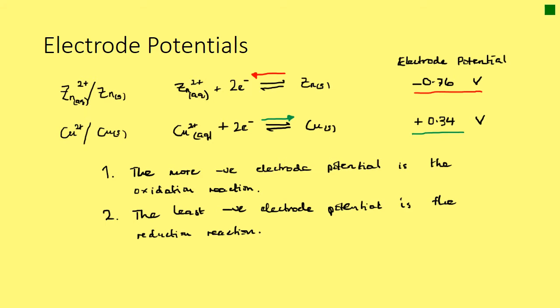So at the zinc electrode, we've got the zinc 2+ ions accepting 2 electrons and making zinc solid. Or the reverse.